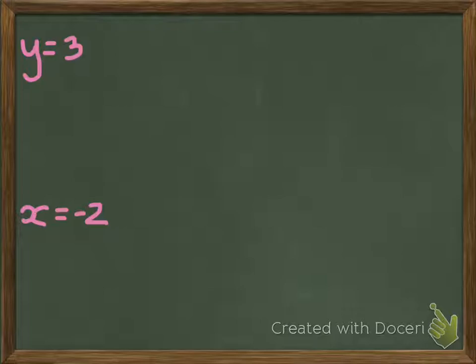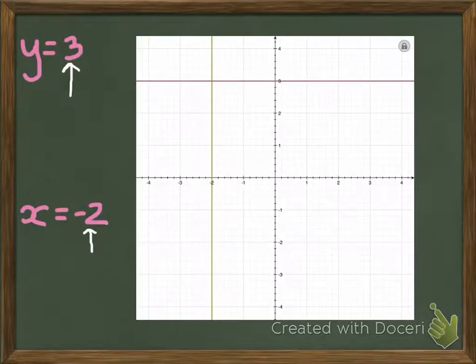Here's my first one. y equals 3 and x equals negative 2. So remember what we said just now. When you have y equals a constant, you're going to land up with a horizontal line. And when you have x equals a constant, you're going to land up with a vertical line. So here we go.